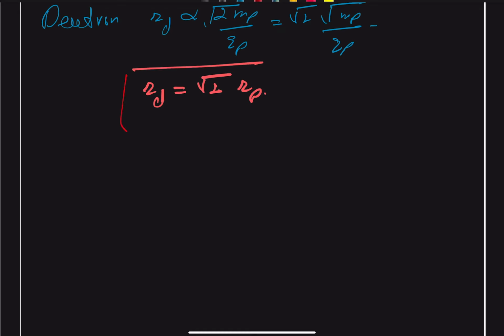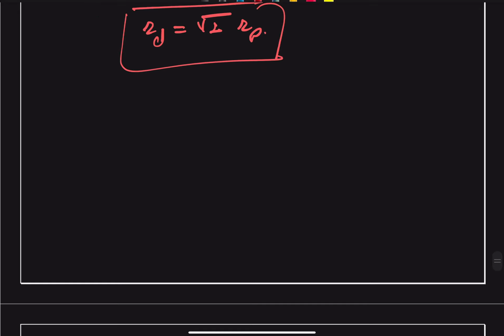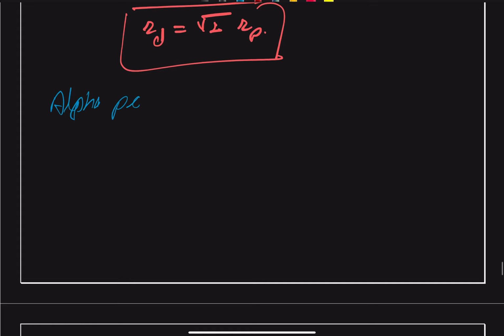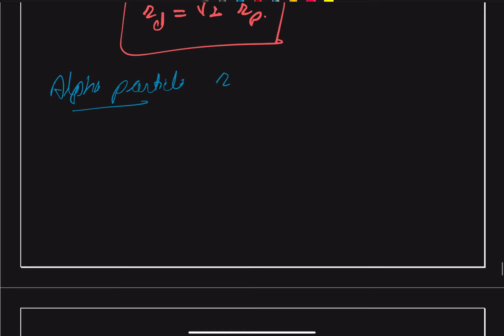And finally, for our alpha particle, the radius is directly proportional to the square root of 4 times mass of proton divided by twice charge on proton, which gives 2 mass of proton divided by 2 charge on proton.